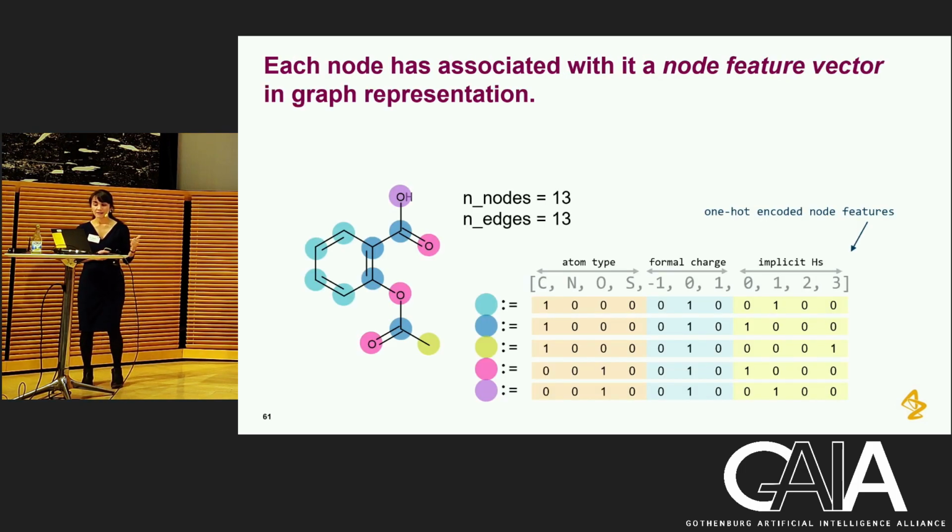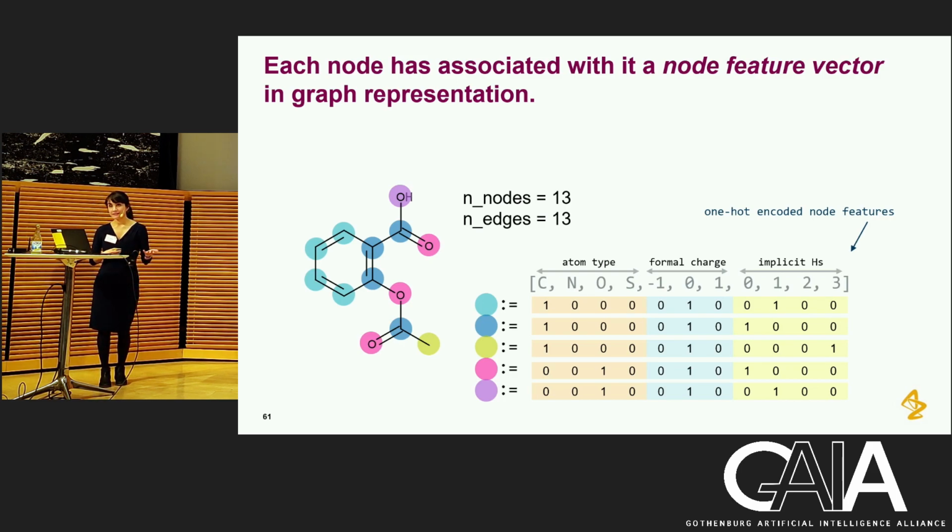I've done this here. I focused on these 3 different properties: the atom type, the formal charge, and the number of implicit hydrogens. If we consider only these properties, then all the nodes that I've colored in the same blue colors are chemically equivalent. This is what their vector representation would look like, so it's just a one-hot encoding of these features.